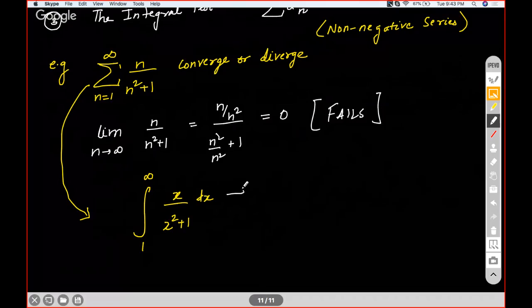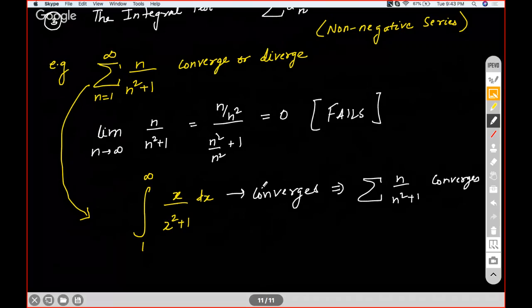That means if this converges, then only you can say the series converges. If this diverges, then the series will also diverge. Are you getting this point? Is that fine? Understood?